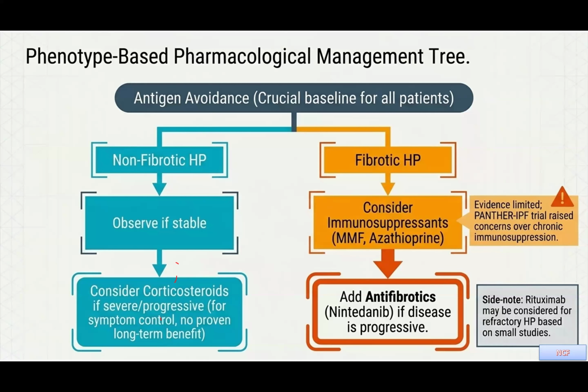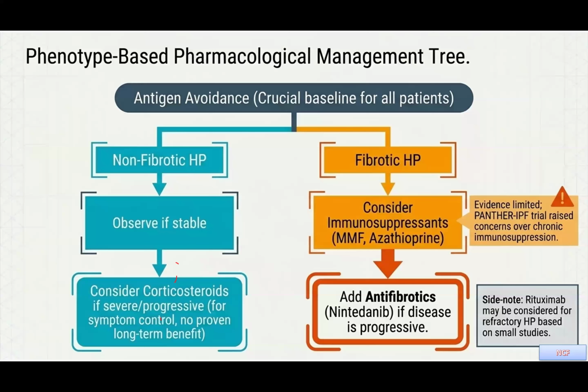In non-fibrotic HP, if the patient is stable, you just observe. And if the non-fibrotic HP is severe or progressive, or you need some symptom control, you can consider corticosteroids. However, there is no proven long-term benefit.